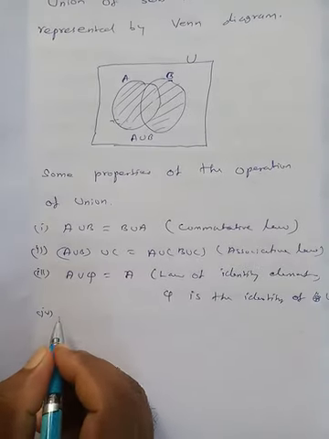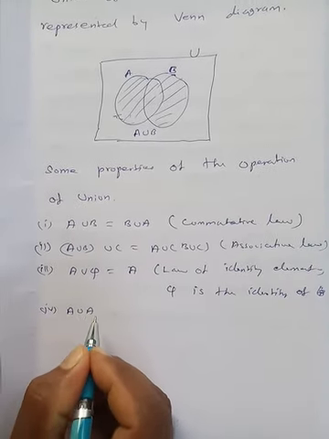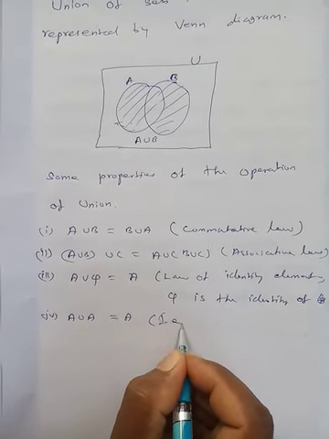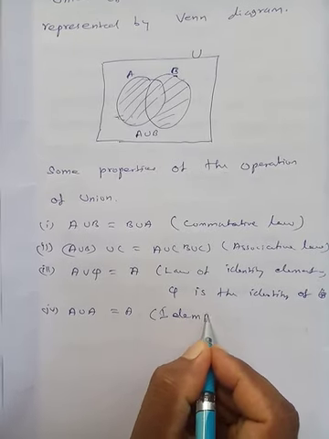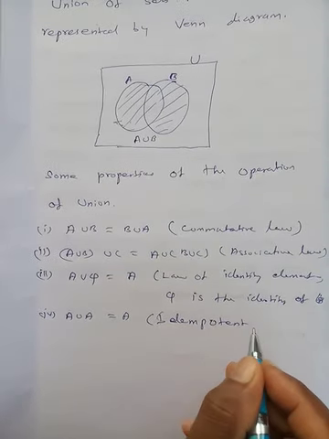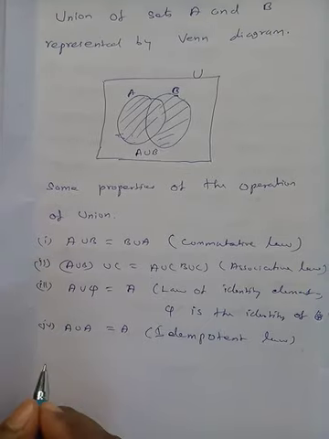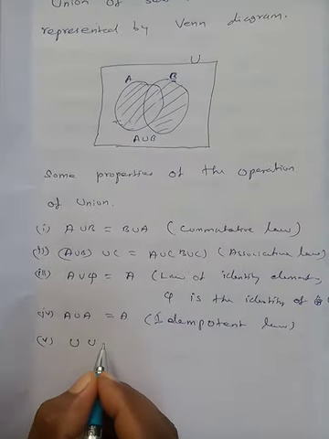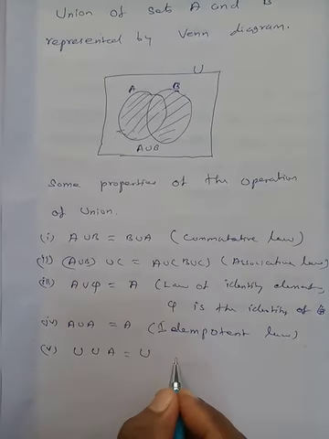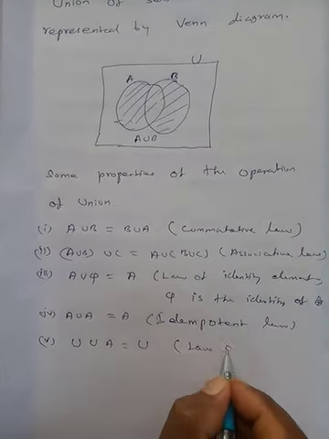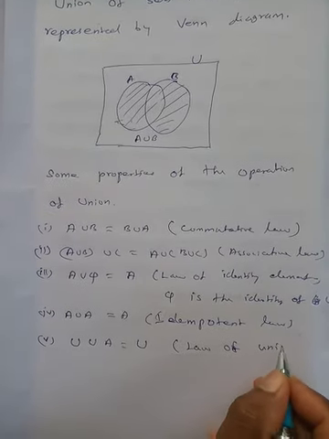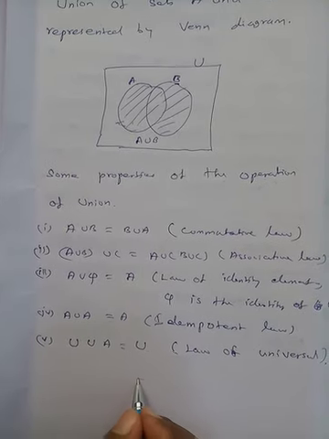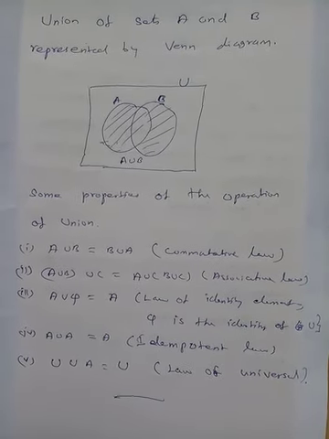Fourth property, A ∪ A is equal to A. This is called the idempotent law. Fifth law, U ∪ A is equal to U. This is the law of universal set.